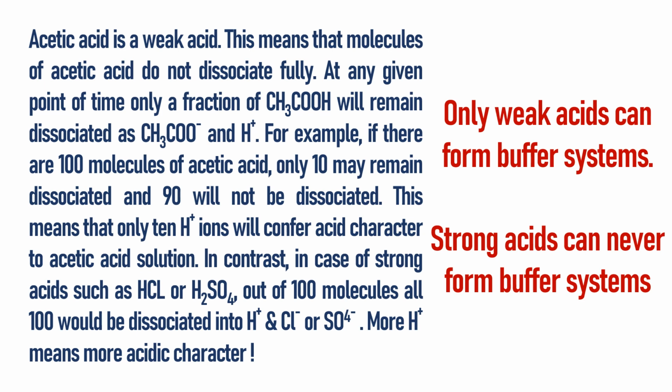In contrast, in the case of strong acids, such as hydrochloric acid or sulfuric acid, out of 100 molecules, all 100 would be dissociated into protons and chloride or sulfate anions, as the case may be. More protons means more acid character. Remember, only weak acids can form buffer systems. Strong acids can never form buffer systems.